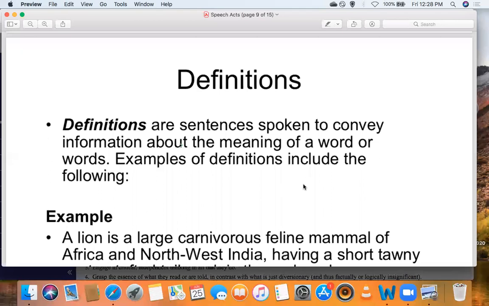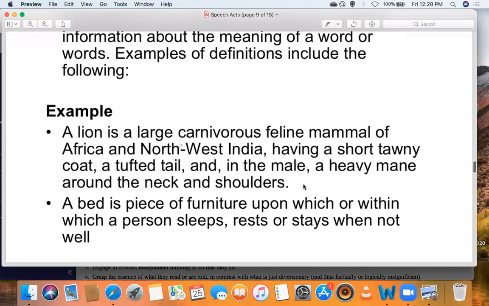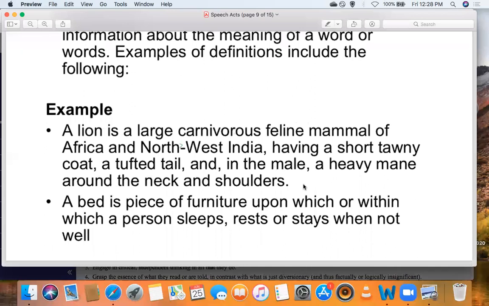Now look at examples of definitions. A lion is a large carnivorous feline mammal of Africa and northwest India, having a short tawny coat, a tufted tail, and in the male, a heavy mane around the neck and shoulders.